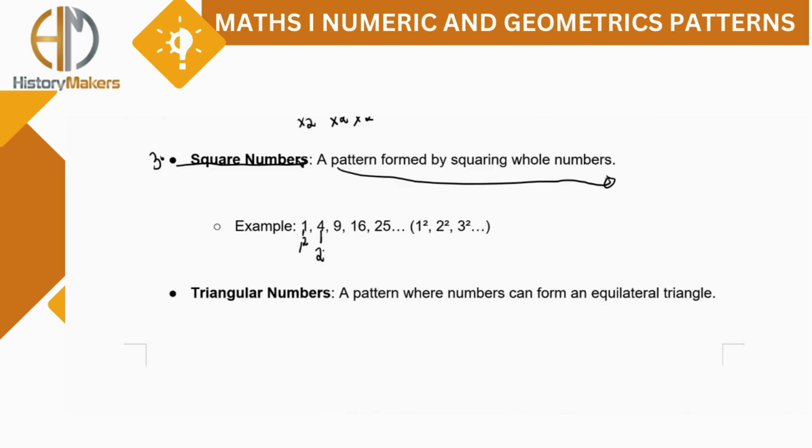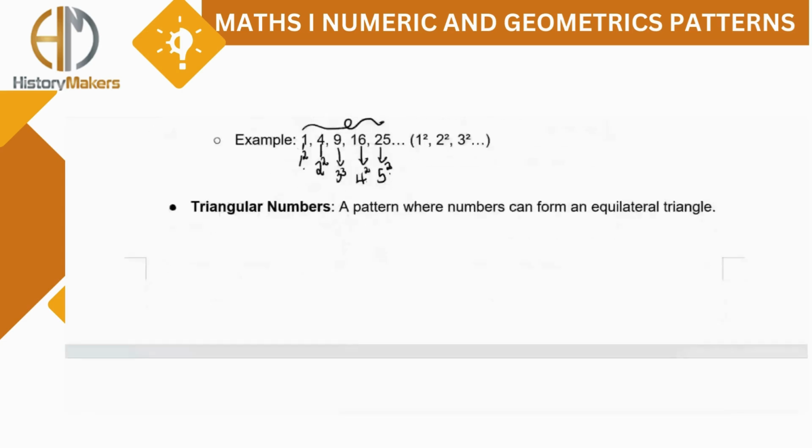Here they squared 2 and they found 4. Here they squared 3, their result was 9. Here they squared 4, their result was 16. And here they squared 5 and their result was 25. So 1 squared, 2 squared, 3 squared, 4 squared, 5 squared is how they were able to conclude this pattern. So this is called a square number, which is a pattern formed by squaring whole numbers.